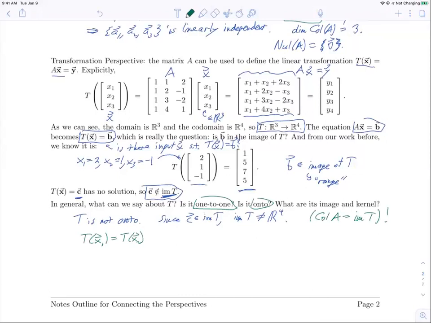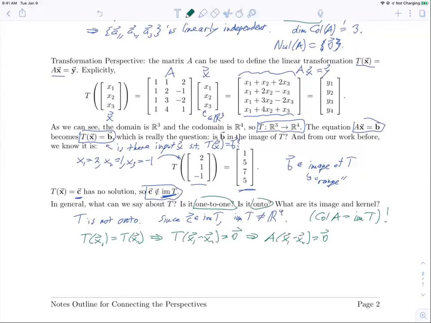And if you remember the argument we gave a while back, we could actually use the linearity of the transformation to say that would mean we could subtract the T of x2 to the other side and then factor the T out, in the sense that T distributes over addition and subtraction. And so we would see this is true, but that would mean A times (x1 minus x2) equals 0, because that's sort of the definition of what T does. Oh, I should be using the 0 vector here.